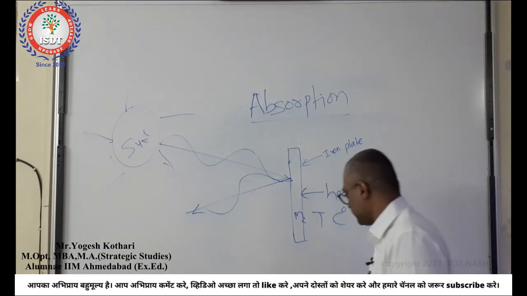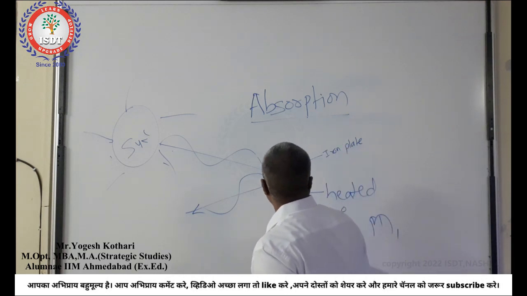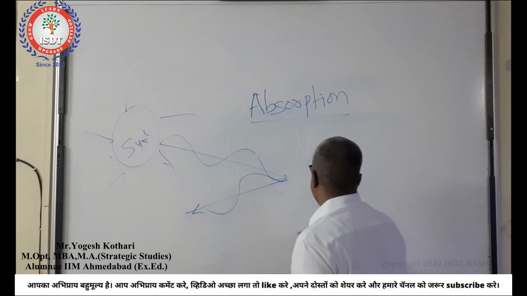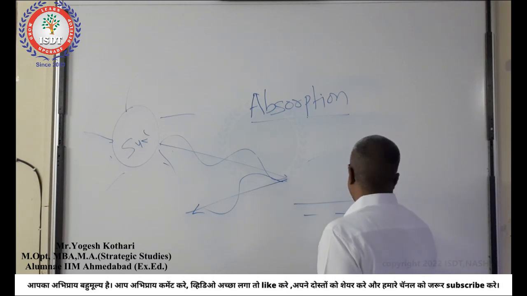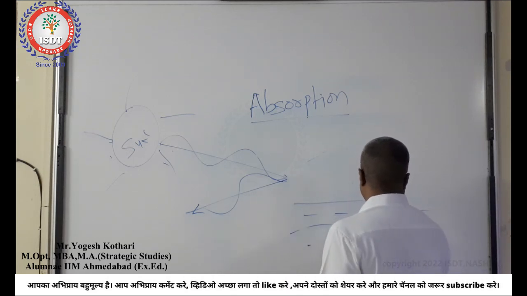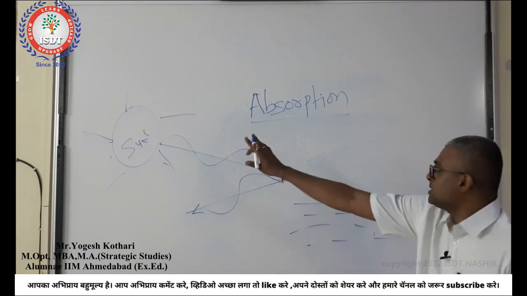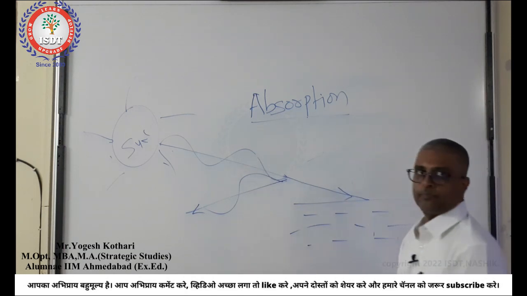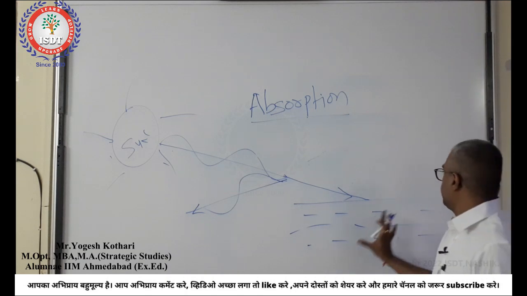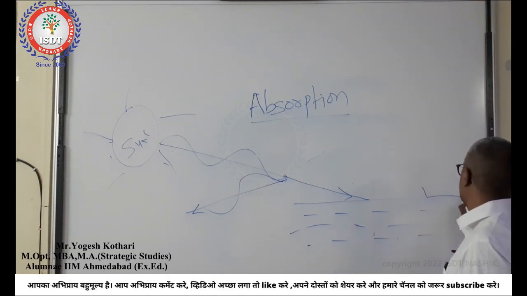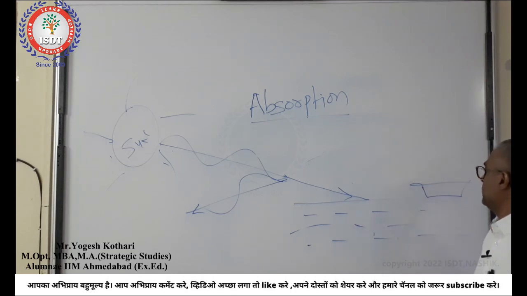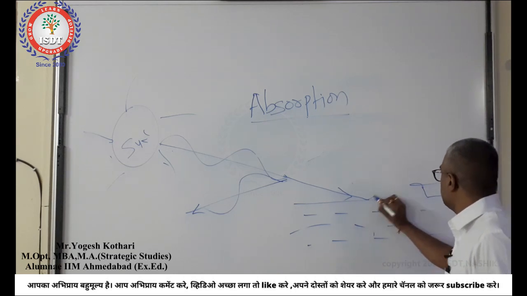Now let's consider another example, another medium. Say, for example, this is water, this is a lake. Now this light is falling onto the water surface and you are sitting in a boat somewhere here. What is happening is you are seeing this light reflected.